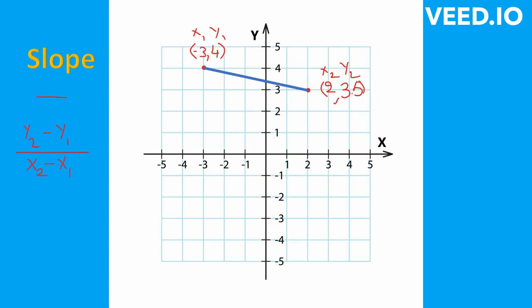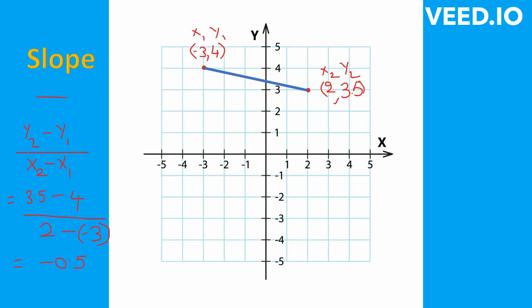y2 minus y1 is 3.5 minus 4. 2 is x2 minus of minus 3 is x1. Be careful with the signs here.